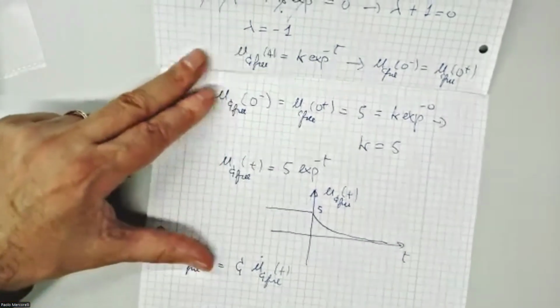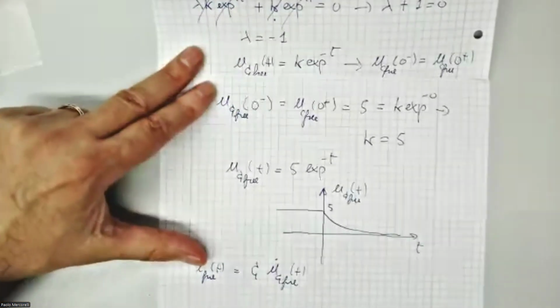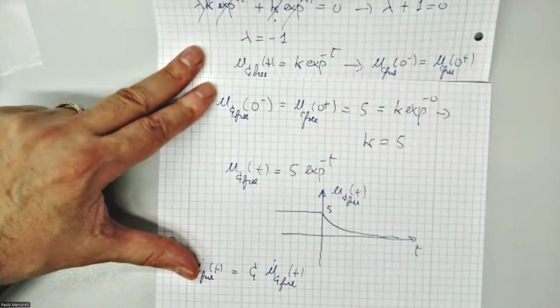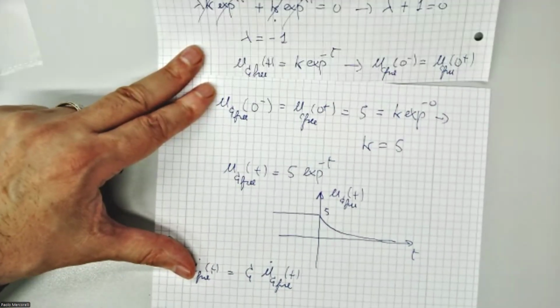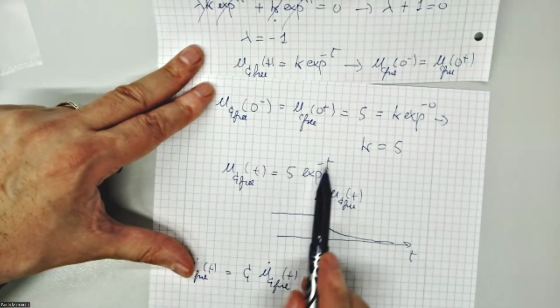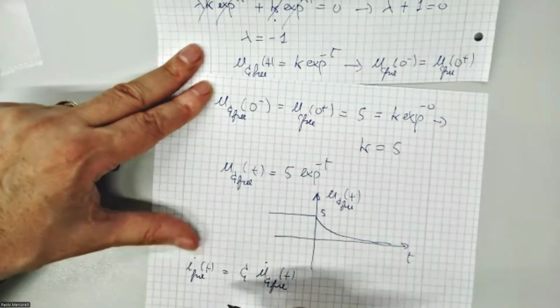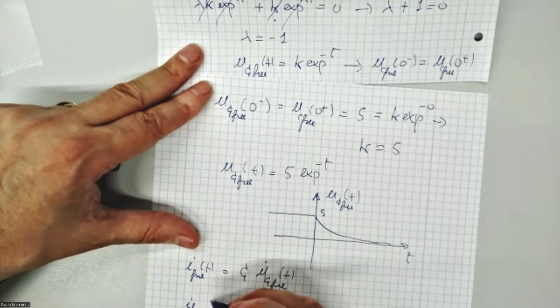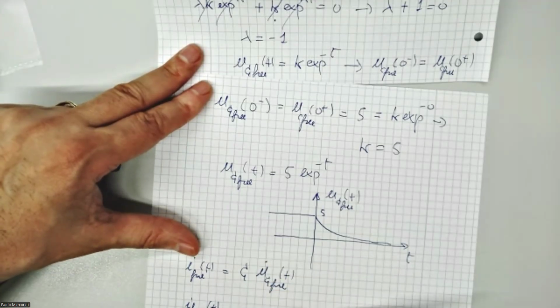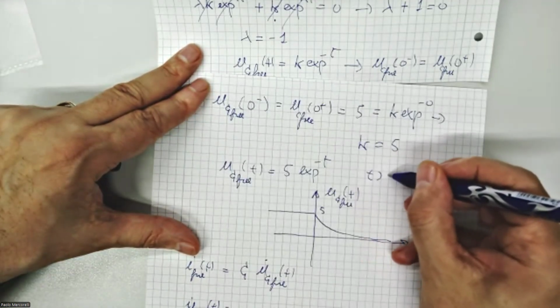And if you do now these calculations in this form for this, what happens is this x free of t is, of course, to be precise, this for t larger than zero.